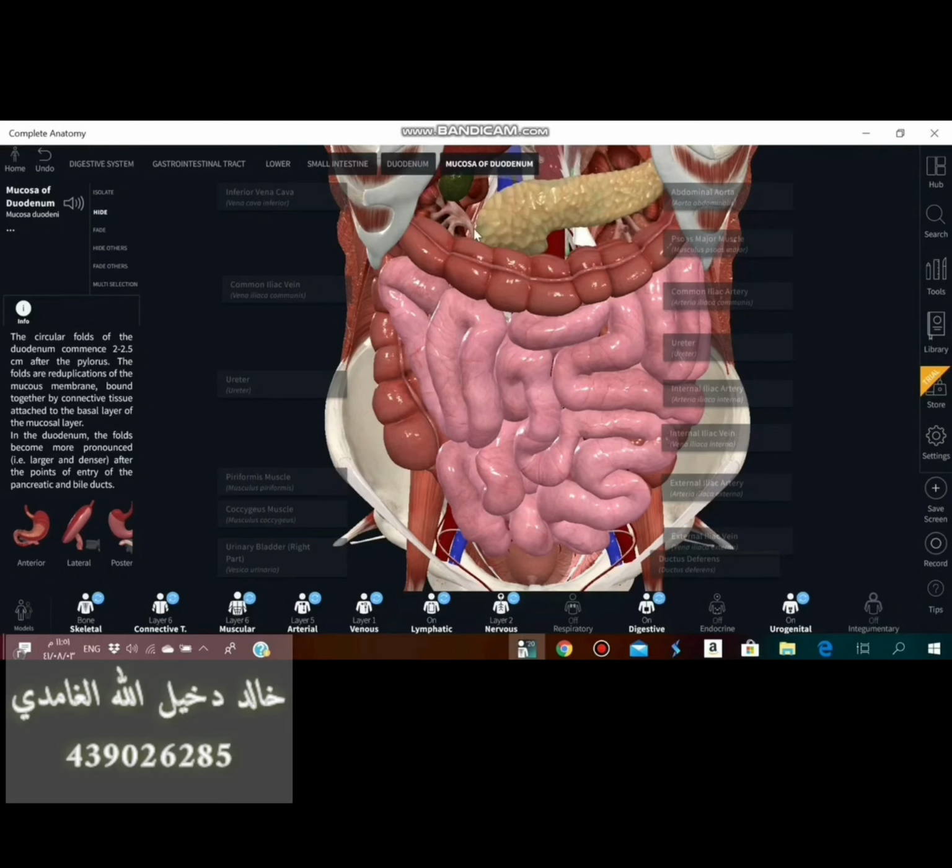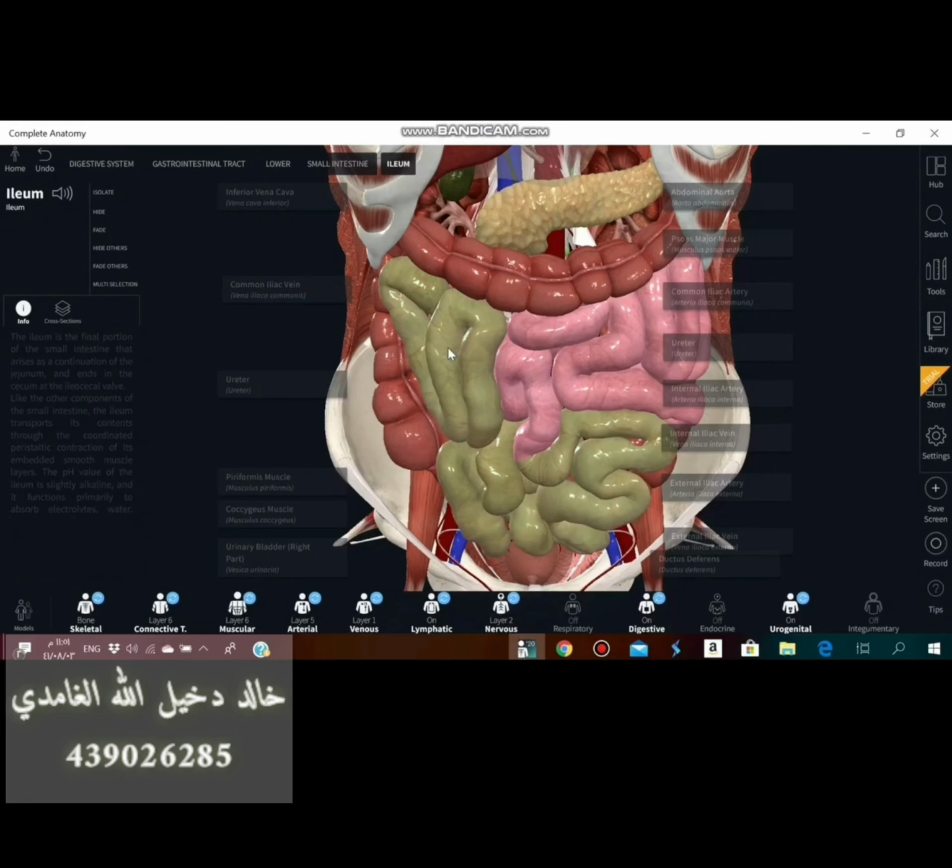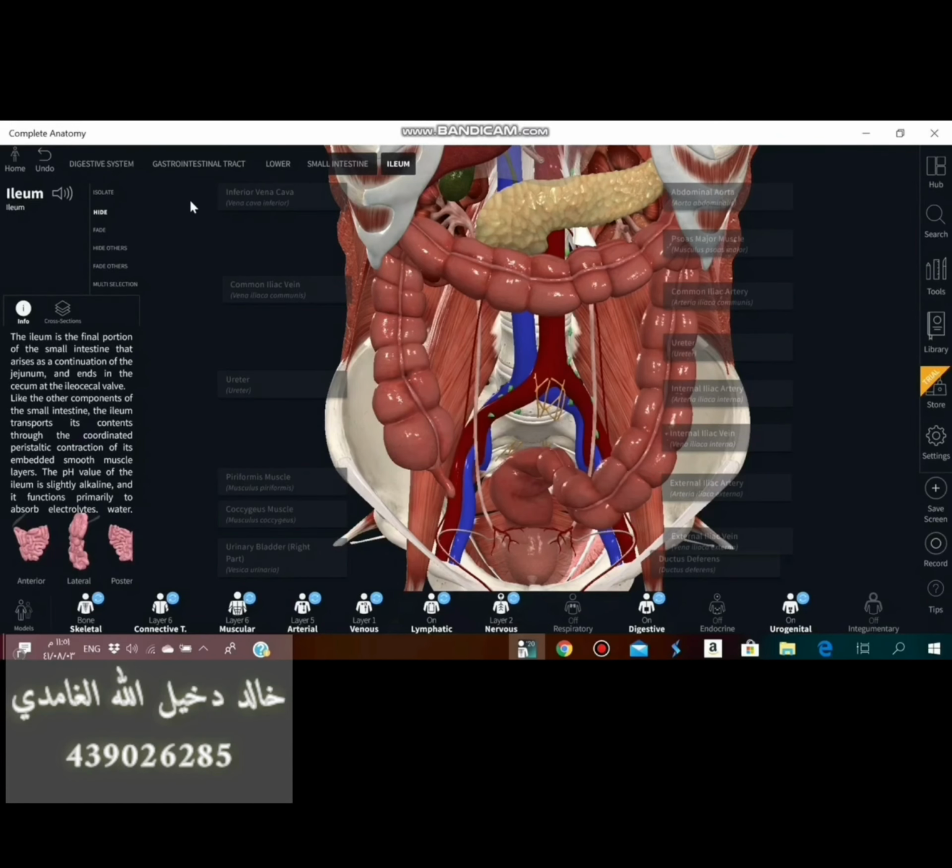Yes, this is the right ureter, and also we have the terminal part of the ileum. If we hide the ileum, now we see the right ureter. So the duodenum and the terminal part of the ileum are located anterior to the right ureter.